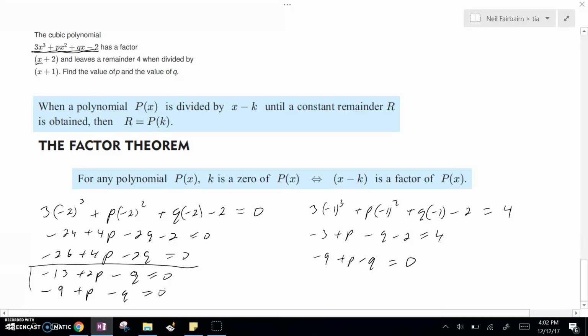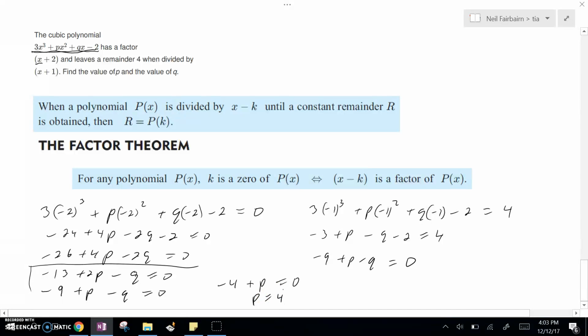Okay, and if I add those up together, or subtract them, negative 13 minus negative 9, so I get negative 4. 2p minus p is p, equal to 0, and therefore p is equal to 4.